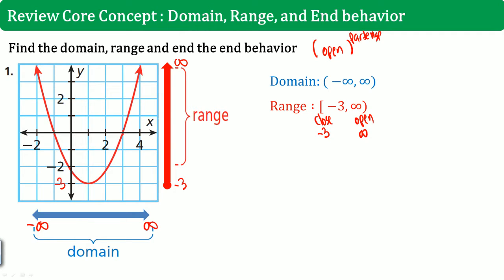Next, let's talk about the end behavior. The end behavior can be described as the left arm and the right arm. Let's look at the left arm first. This is considered to be the left arm.